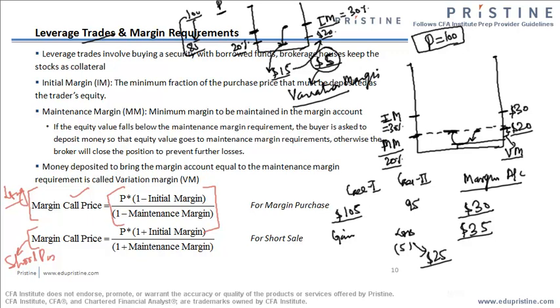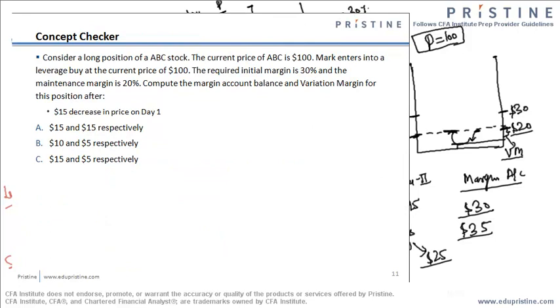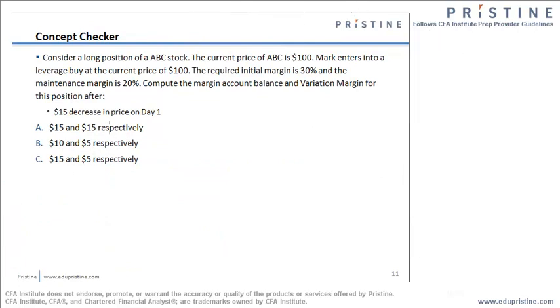So with this background in mind, let's solve a problem. Here it says that you are long in some stock with a price of $100. So price is $100, so your complete bucket is $100. It says Mark enters into a leverage buy at a current price of $100.